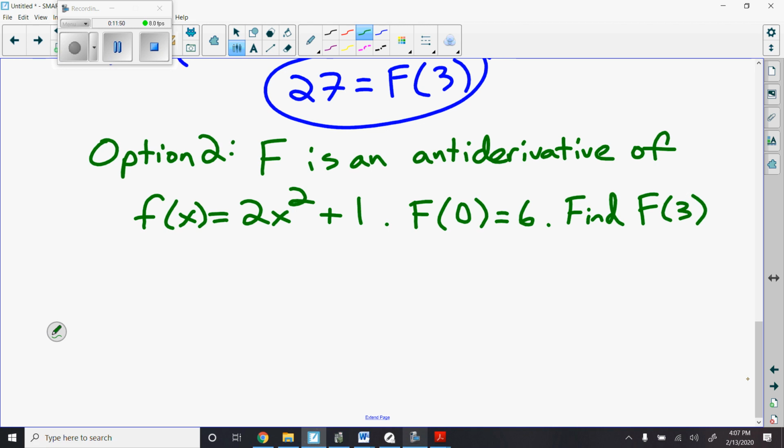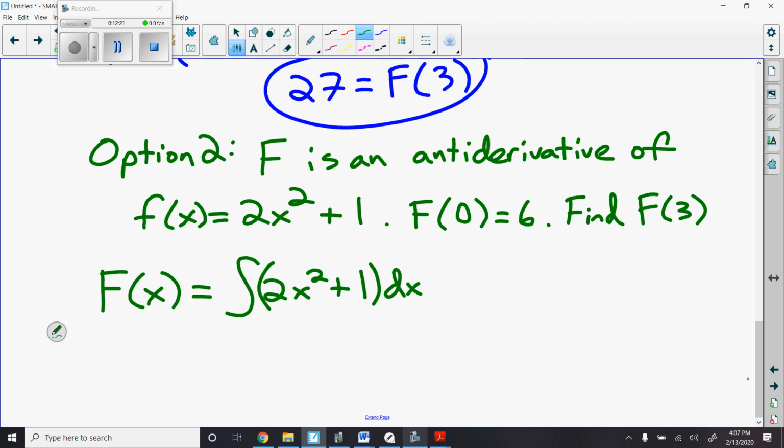One thing I can do here, another option, is I can just find the general antiderivative of lowercase f of x. So one other method I could do here is I could say, well, capital F of x, since it's an antiderivative, must equal the integral of 2x squared plus 1 dx. Notice I don't have any numbers up here.